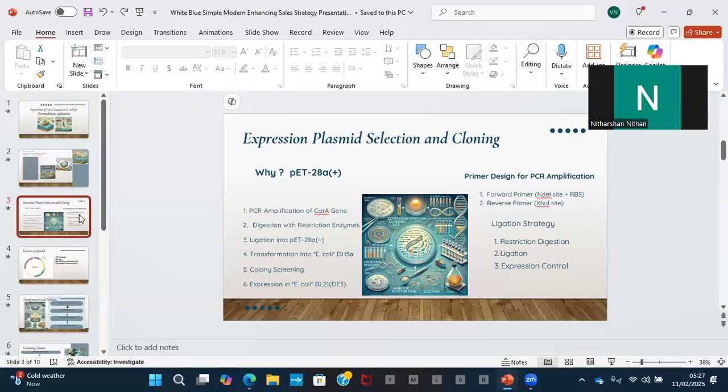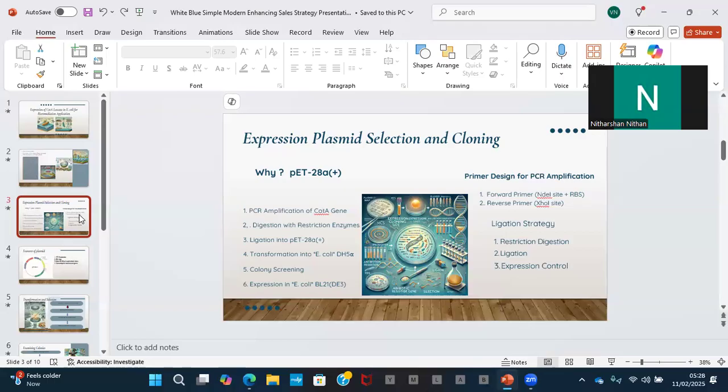These primers include flanking restriction enzyme sites and a ribosomal binding site: the forward primer has the NdeI site with RBS, and the reverse primer has the XhoI site. In the ligation structure, the PCR amplified CotA and pET28a plus are both digested with the NdeI and XhoI restriction enzymes.